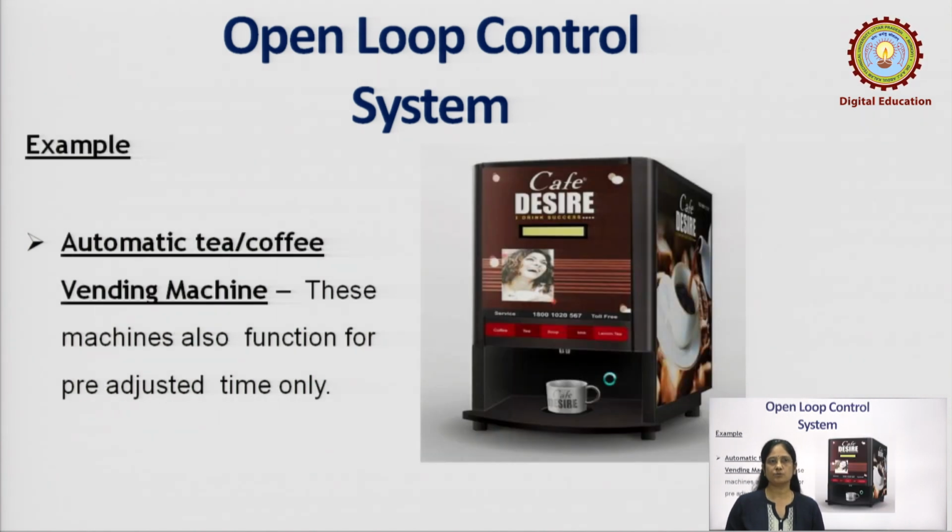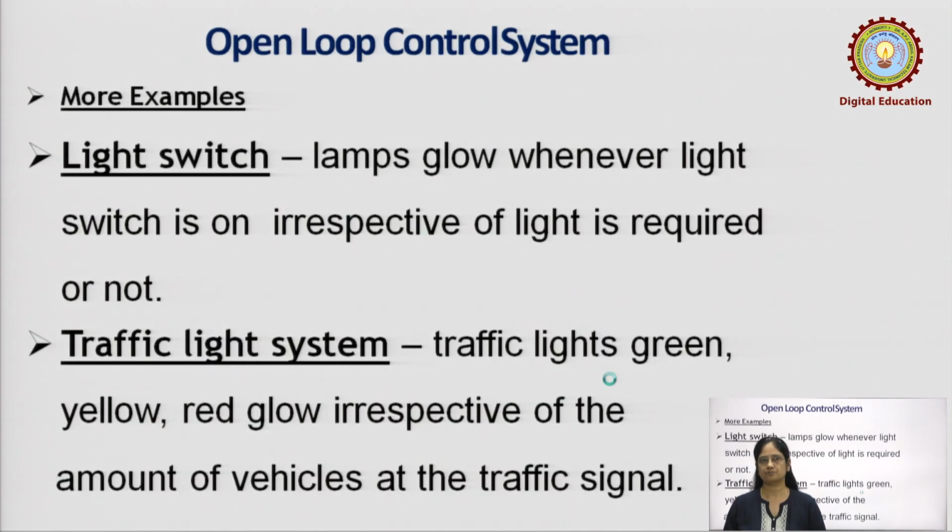Again, an open loop control system which we use day to day in our life is a tea coffee vending machine. The machine also functions for a pre-adjusted time. If the system is functioning for a desired set time, irrespective of checking what the response is, then those systems are all open loop control systems.